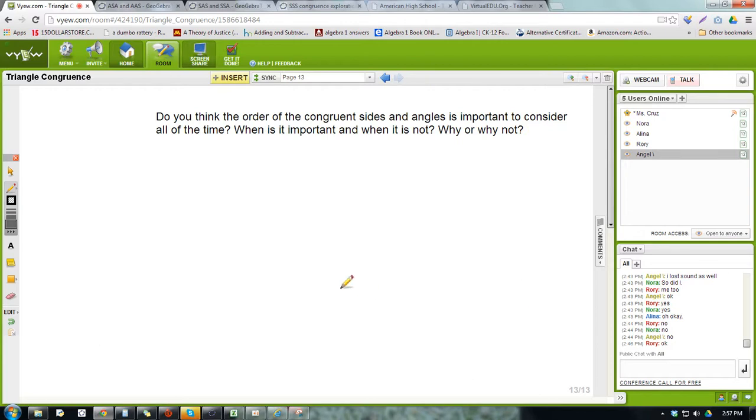Okay. And then one more question. This is kind of for discussion. And specifically, this question is directed to when we have two angles and one side that are congruent. Do you think the order of the sides and angles is important to mention?